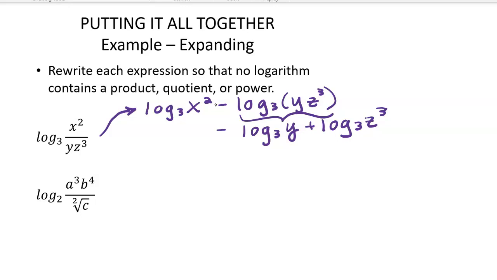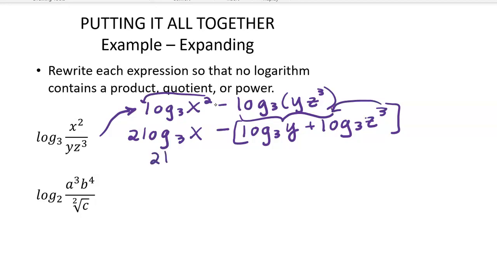But then we have this subtraction in front, so you actually want to think about brackets being there, and that subtraction will distribute through. I can also go ahead and bring this 2 down to the front using the power rule. So it'll be 2 times logarithm base 3 of x minus this whole group. And then, like I said, we can distribute this subtraction through, and we can also bring this 3 down to the front when we get to that step.